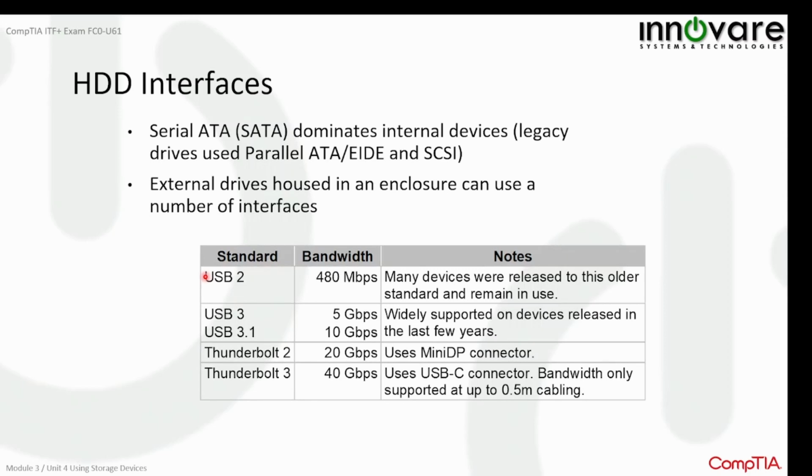Ito yung mga SATA, and then mga SCSI connections, and then yung Thunderbolt 3, that also being shown to you from the previous unit. It has a bandwidth of 40 gigabits per second. Ito yung connector na USB-C na ginagamit.